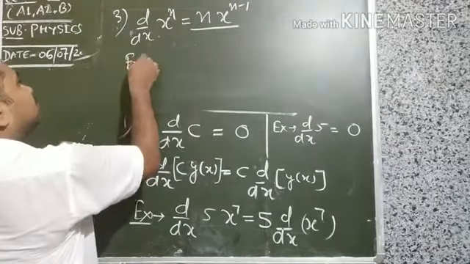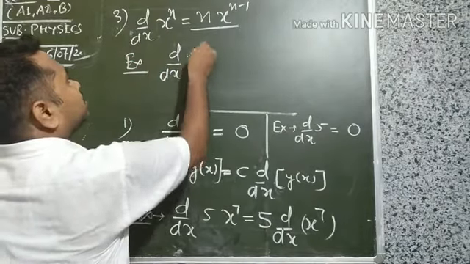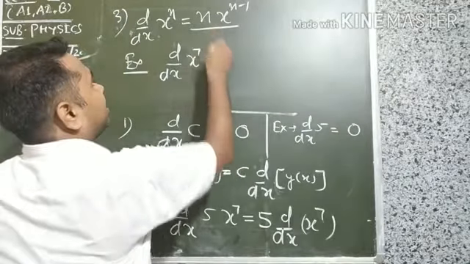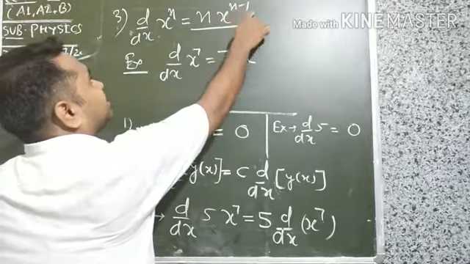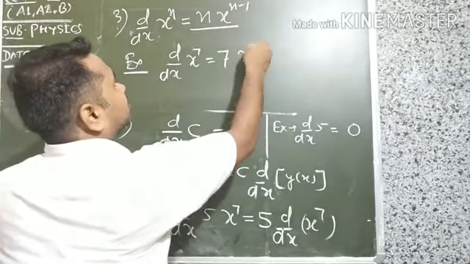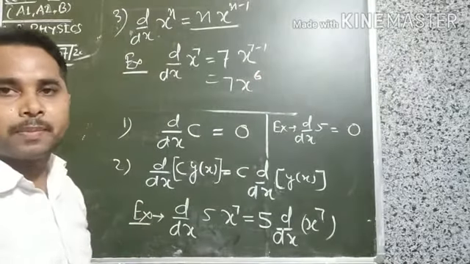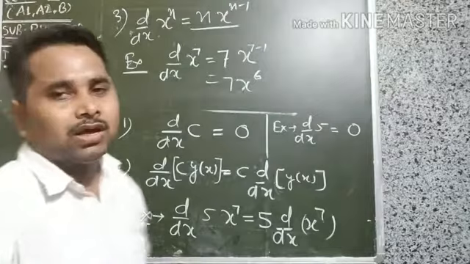Example, d dx of x power 7 is equal to, here 7 is n, so 7 x to the power, subtract one from this exponent, 7 minus 1, that is 7x power 6. So this is the general formula for differentiation.